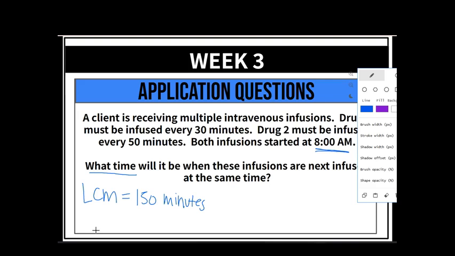Well, if they start at 8 a.m., and we know that 150 minutes, let's figure out how many hours that is. 150 minutes. Well, I also know that 60 minutes is 1 hour.